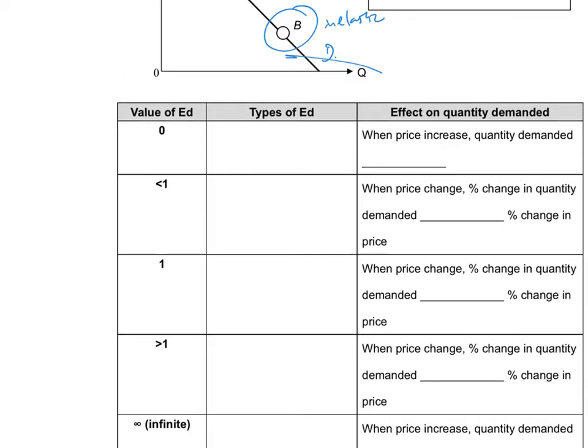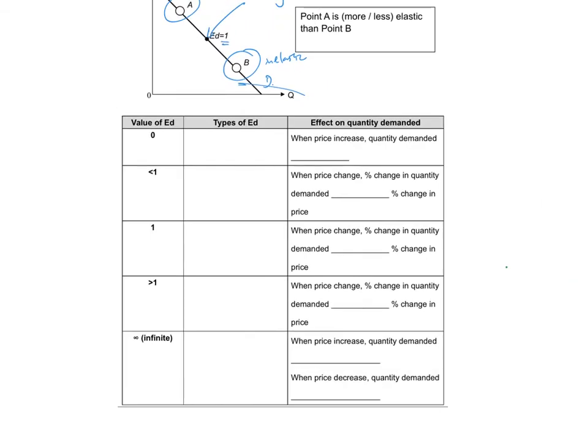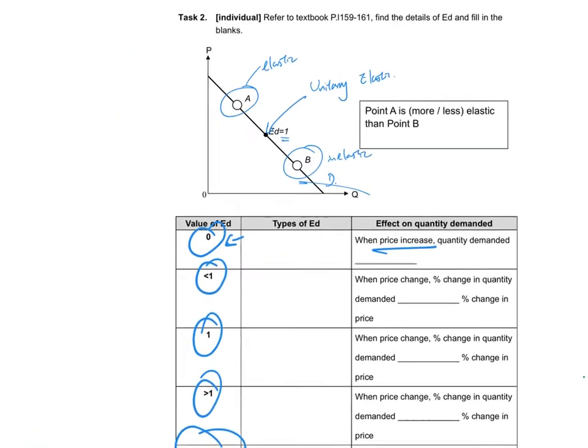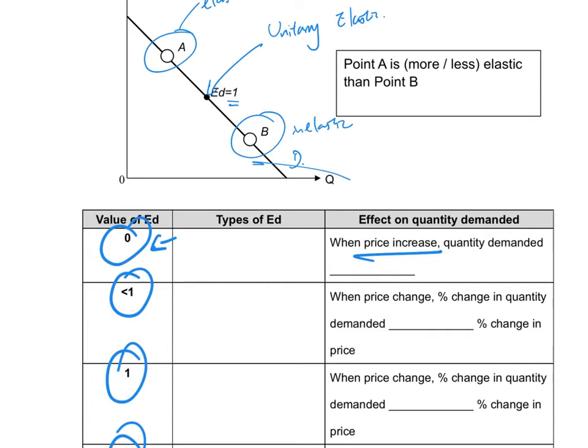Okay, so there are a total of 5 types of elasticity of demand. You can see here are the numbers. First, the value of the elasticity, the ED, is 0. So what's the meaning? Elasticity of demand is about the reaction of the consumer to the price change. So if the price changes and the ED is 0, that means they have totally no reaction.